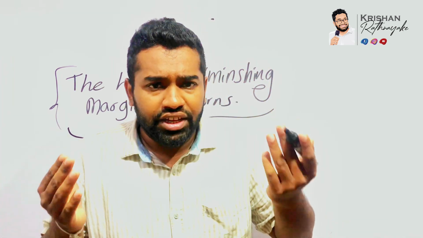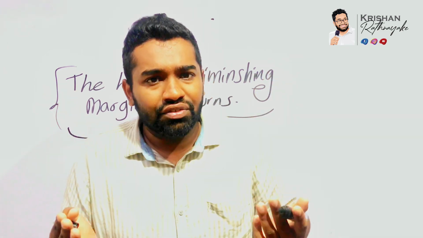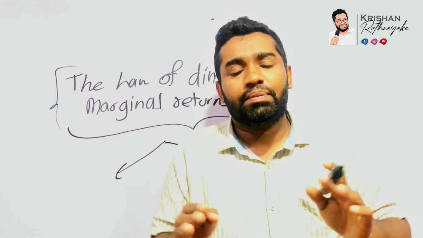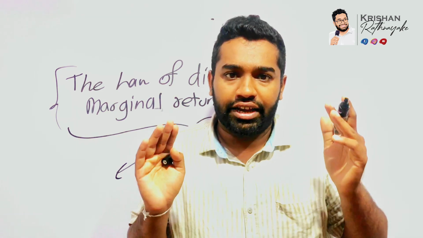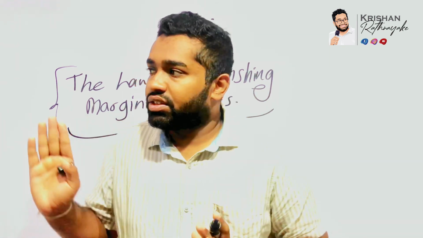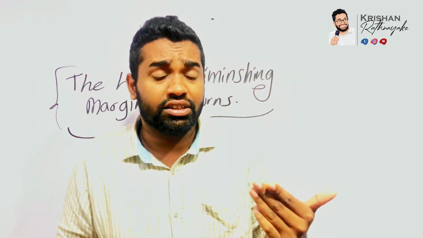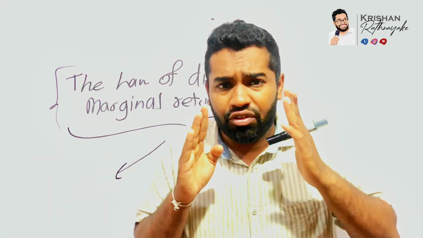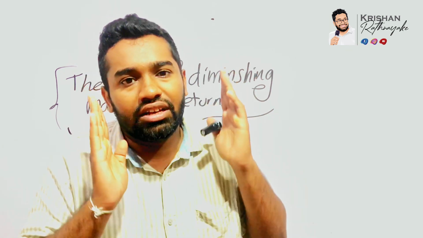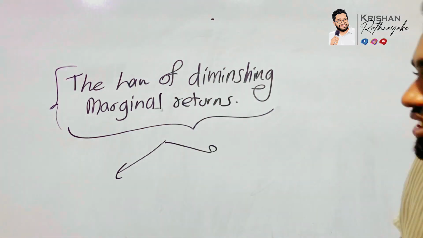So we need to use a graph, use a curve to explain all the sub-concepts under the production and cost and market structures lesson. Understood? Then, using the behavior of the total product curve, average product curve and marginal product curve, we can explain the concept of the law of diminishing marginal returns. This is the term that we need to consider here.